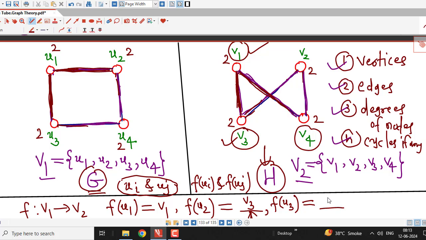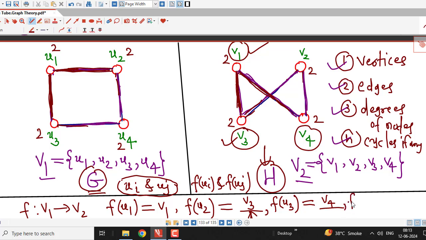V3 is already assigned, so I will consider the image of U3 as V4, and we can check here U1 and U3 are adjacent. Here V1 and V4 are adjacent. Similarly, we can check for U1 and U2 and U3 also. Here U2 and U3 are not adjacent, so we must have V3 and V4 not adjacent in our graph. So that is satisfied here.